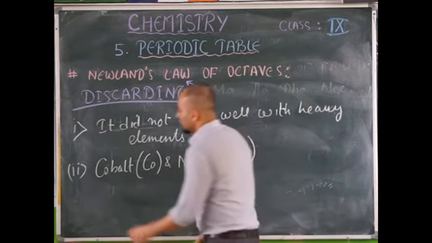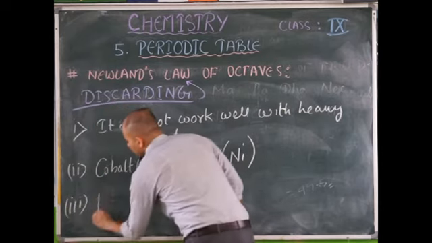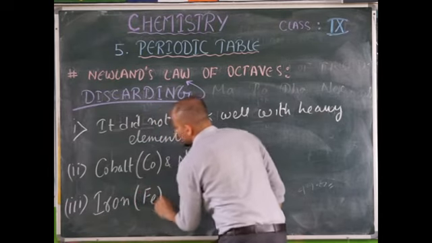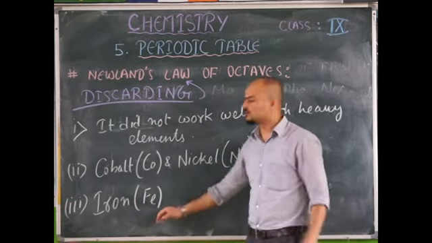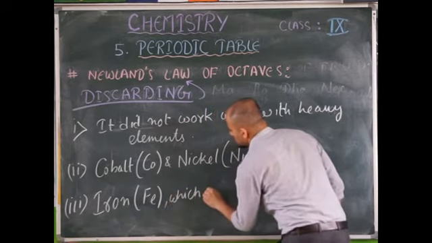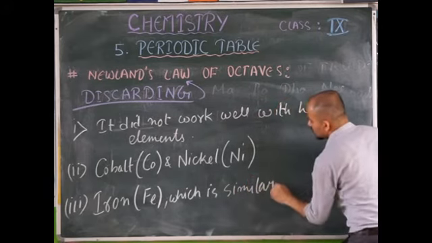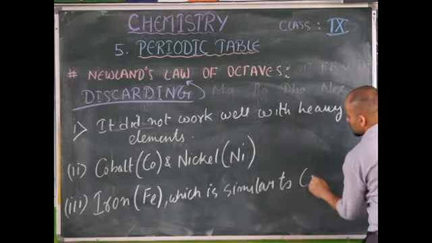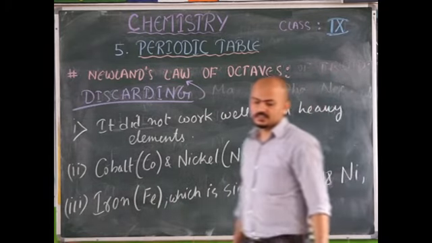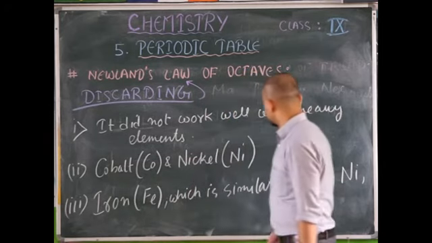And the third reason for discarding this law is iron, that is Fe. Iron, which is similar to cobalt and nickel, was placed far away from these elements.